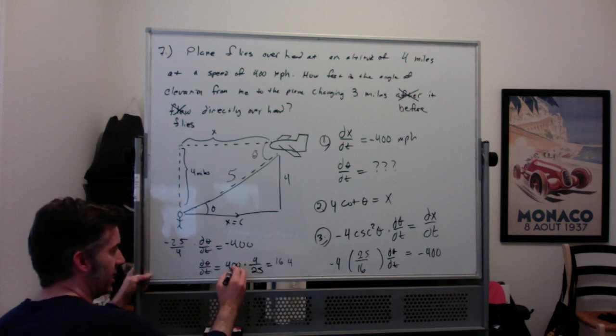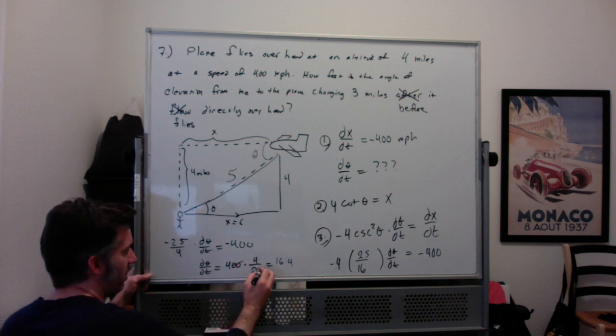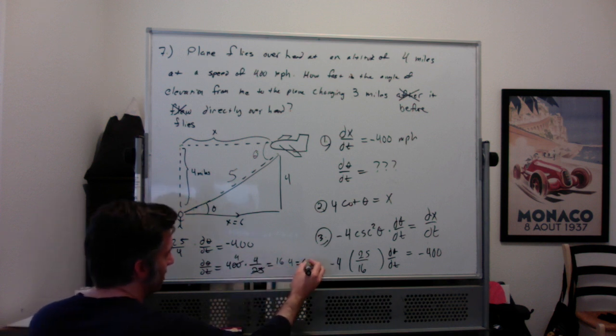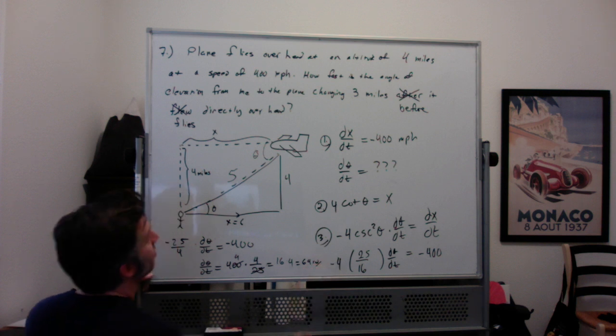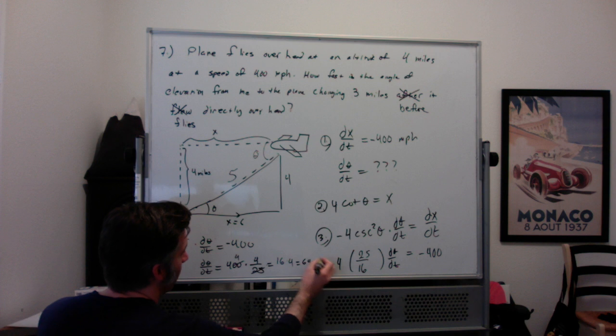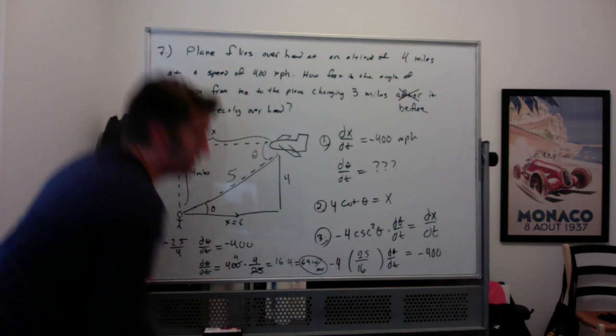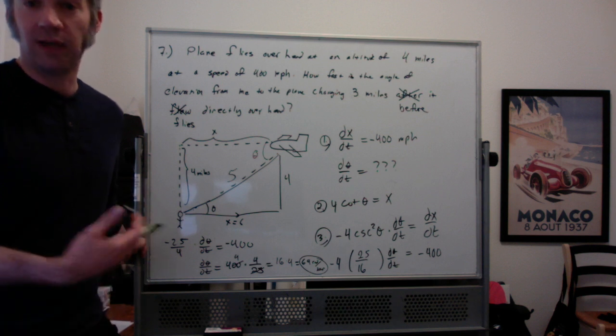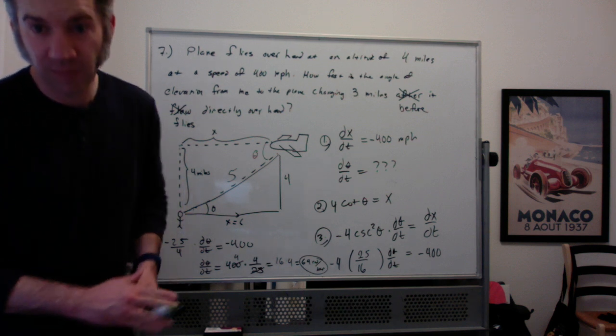Because you can cancel 100 here and be left with a 4, and 4 times 4 is 16 times 4. That's going to be 64 radians per hour. The rate of change of the distance was miles per hour, so the rate of change of the angle is radians per whatever the same unit of time is. All right, that's it.